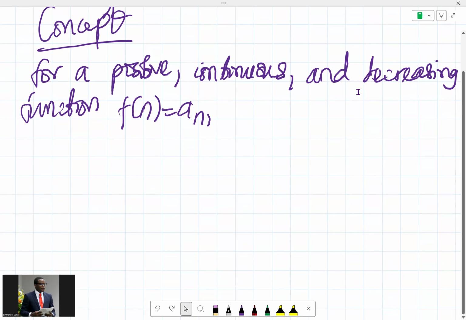So for a positive, continuous and decreasing function f, f of n equals a_n.